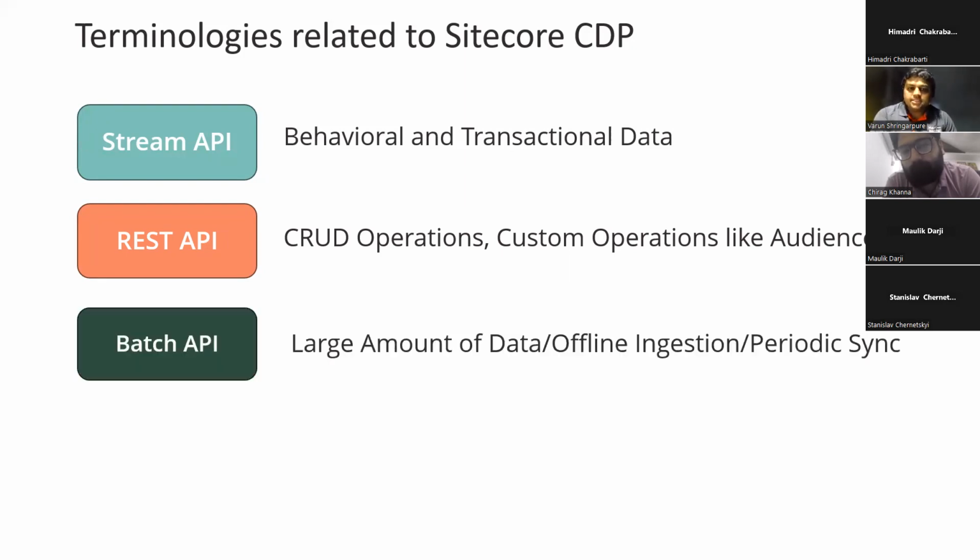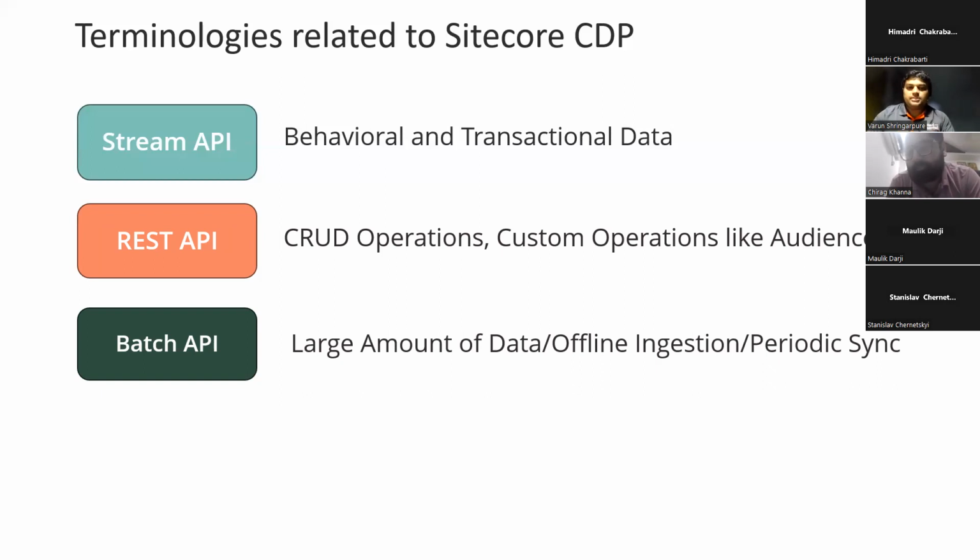Next is batch API. So let's say we want to upload a large amount of guest data. We can consider it as, like, offline orders, which we want to put into CDP so that we can have a sync process available. And then that particular data can be utilized in a different way in other systems or in other parts of our website.